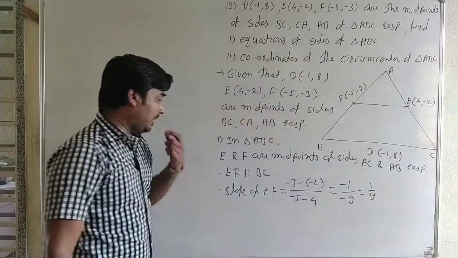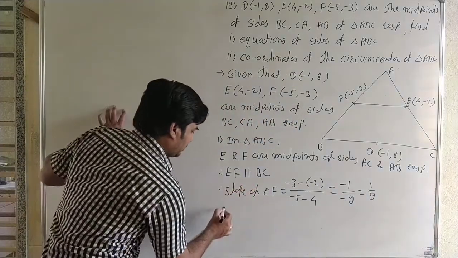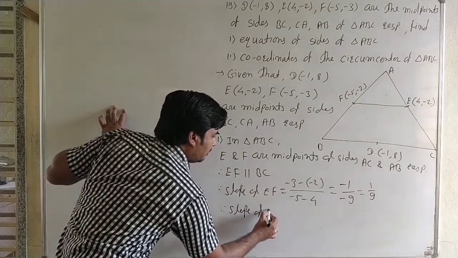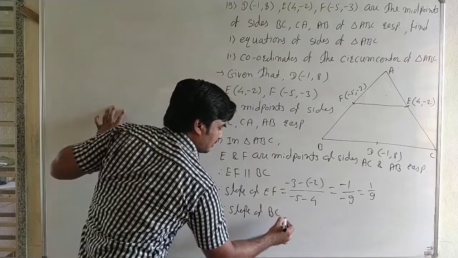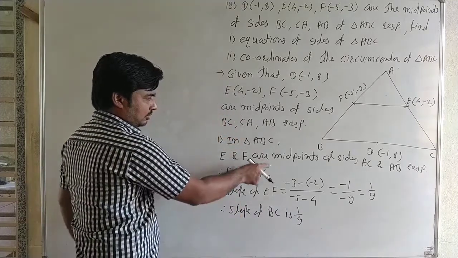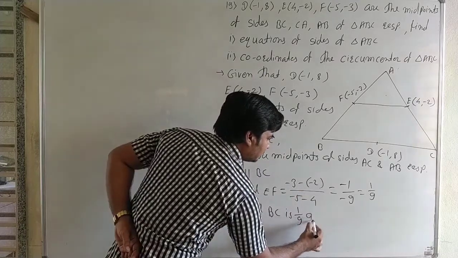Okay. 1 by 9 is the slope of EF. Therefore, the slope of BC is 1 by 9 because both are parallel.